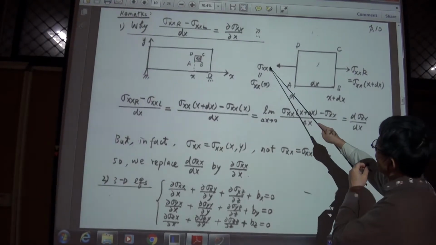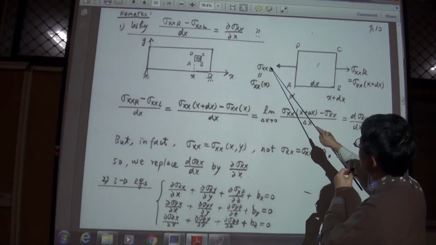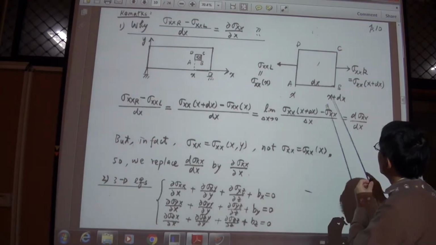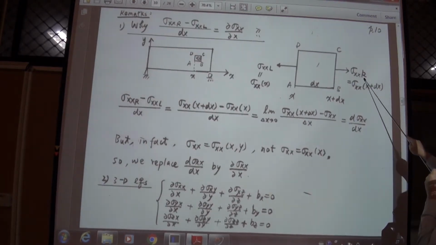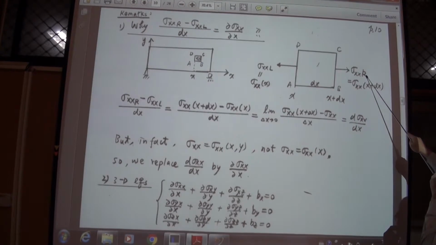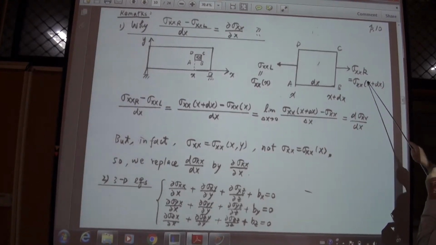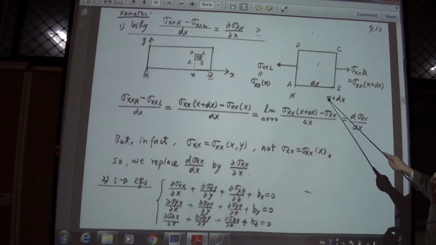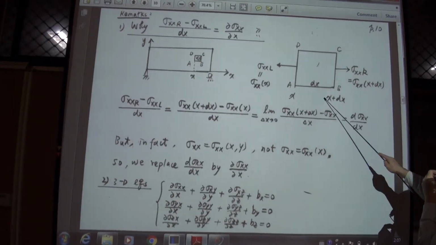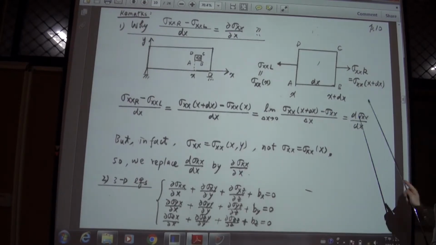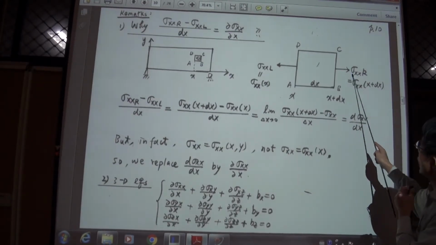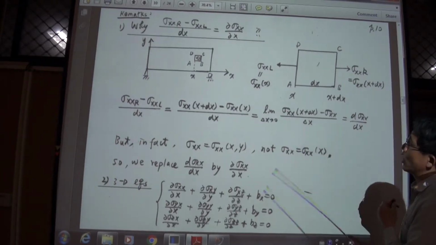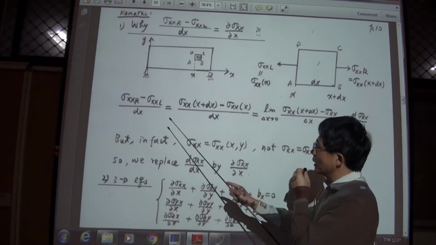So sigma xx on the left side will be equal to sigma x as a function of x. And sigma xx on the right side will be equal to sigma xx at x plus dx, right? Just like this. So this subtracted from this term will be replaced by this term subtracted from this term. This is exactly what we do here.